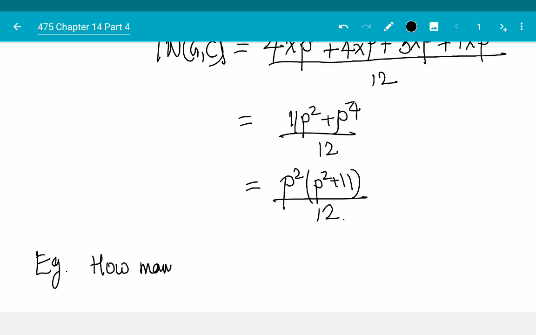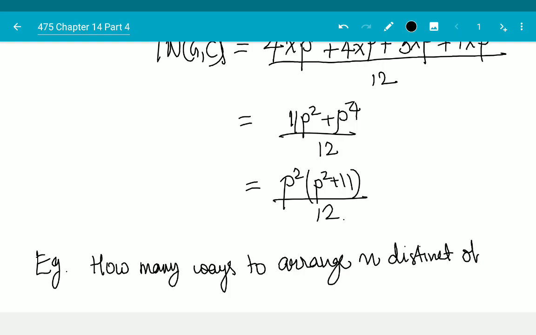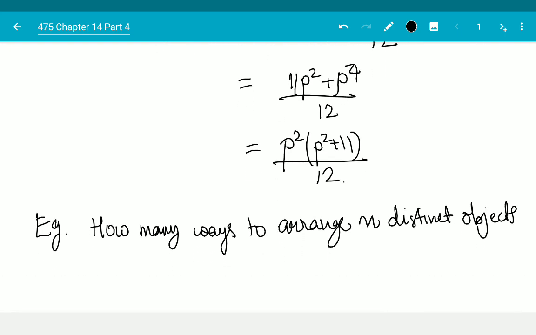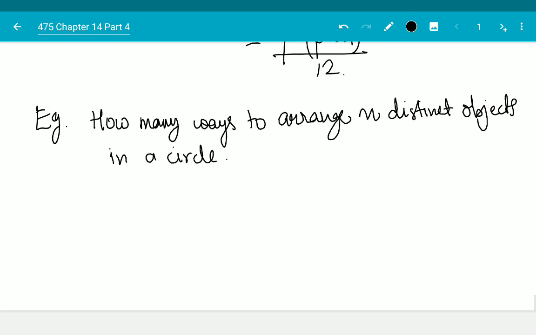How many ways are there to arrange n distinct objects in a circle? Well, we know that answer.